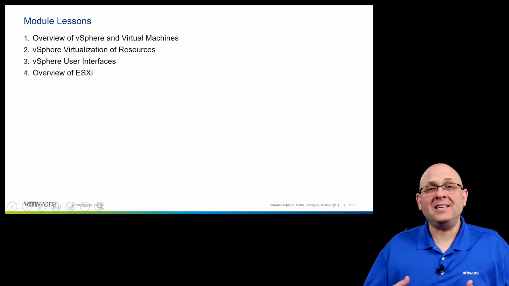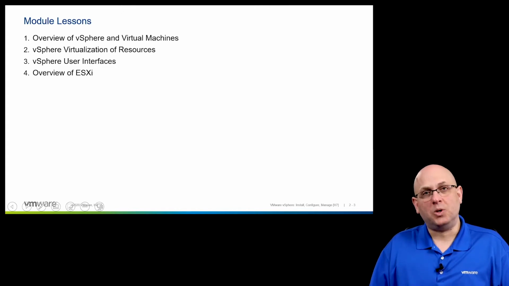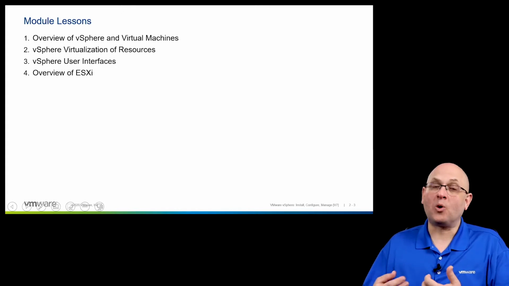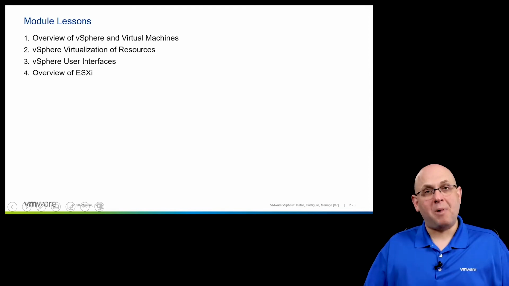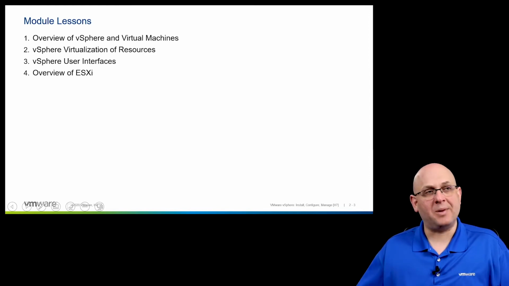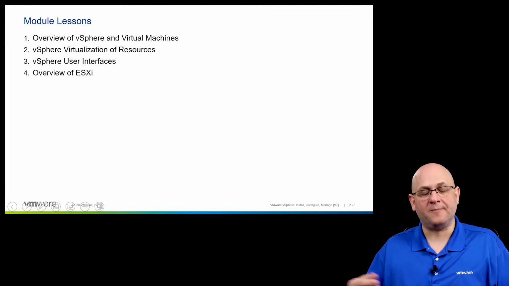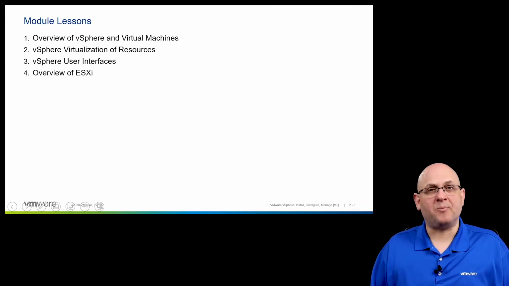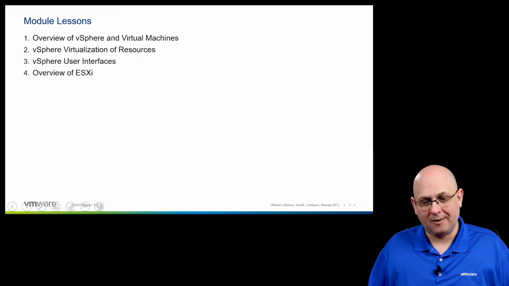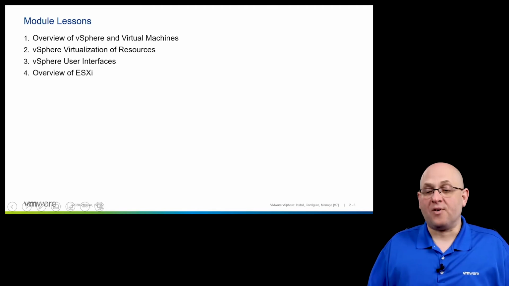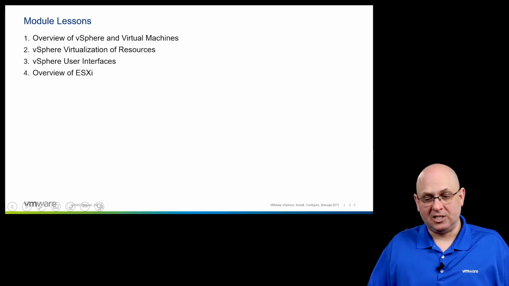Now, this module is broken up into 4 different lessons, okay? And in most of the modules or chapters that we have coming forward here, we're actually breaking them up into smaller, a little bit more bite-sized chunks. We'll call them lessons here. We'll start by looking at an overview of vSphere and virtual machines in general.